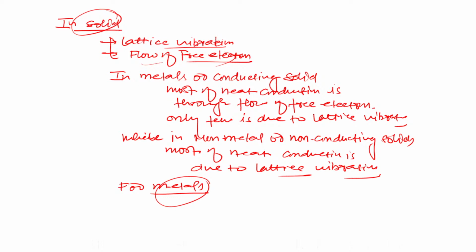Since in metals most of the heat conduction is through free electrons, that has been reduced due to excess vibration of lattice molecules, and hence K decreases with increasing temperature. Reason clear? So in this case, as temperature increases, K decreases, meaning there is an inverse relationship for metals.